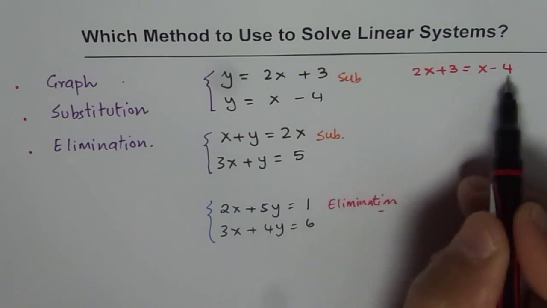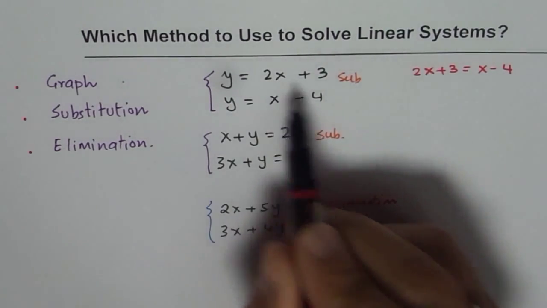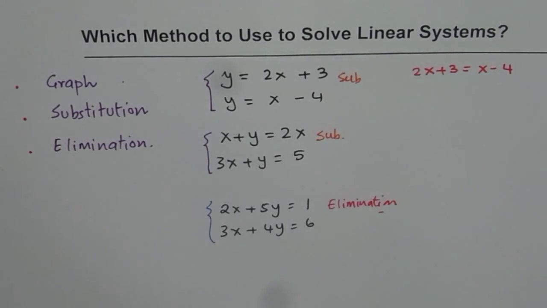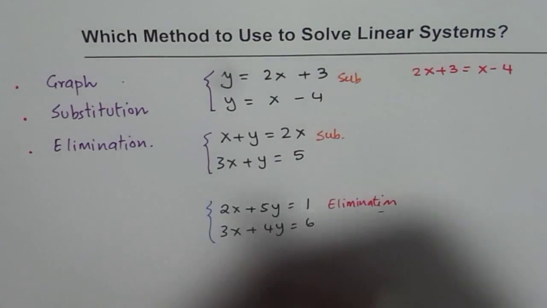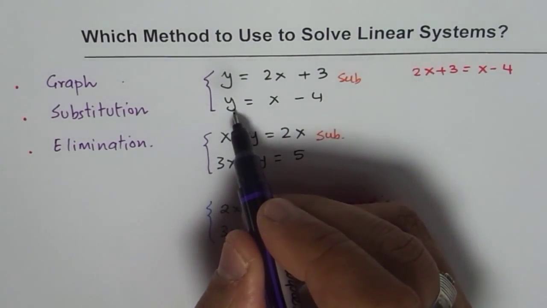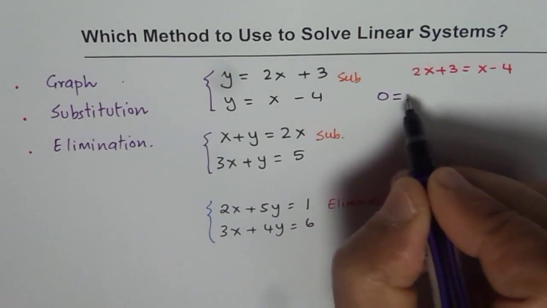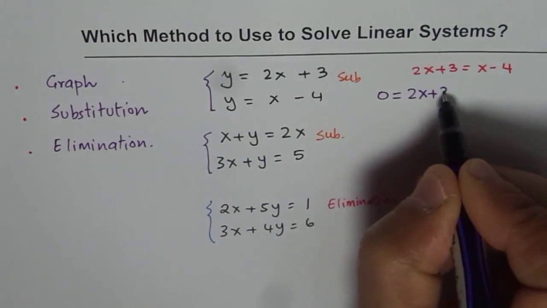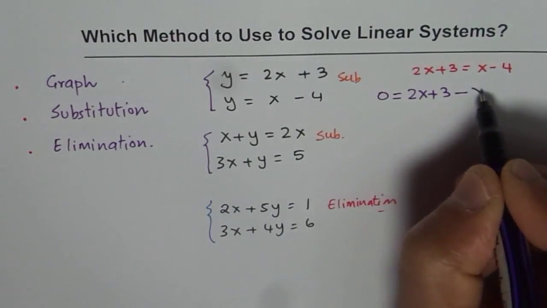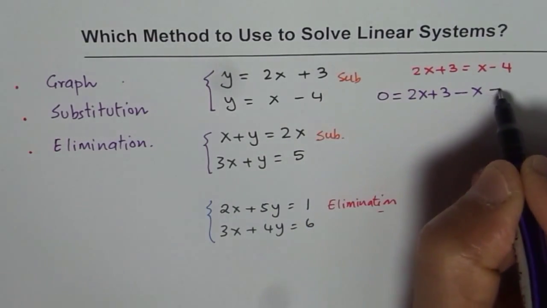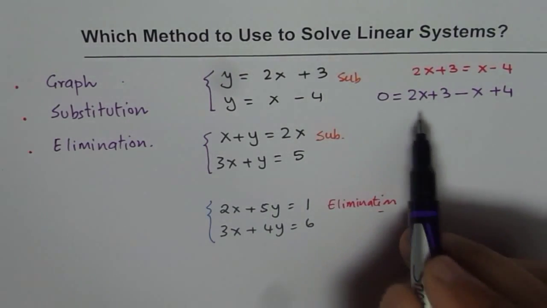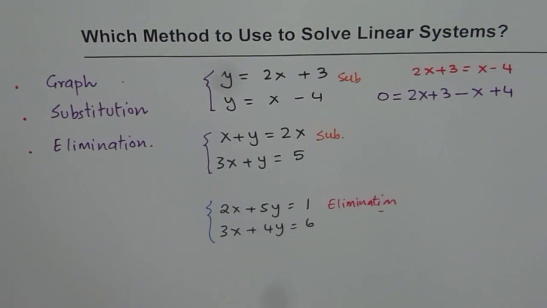You can solve, get the value of x, substitute here, get your answer. Correct? If you do elimination here, what do you get? You can eliminate y straight away, right? In that case, you get 0 equals 2x plus 3 minus x and minus of minus 4, which is plus 4, right? So you can solve this equation and also get your answer.